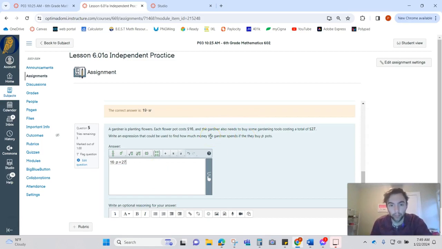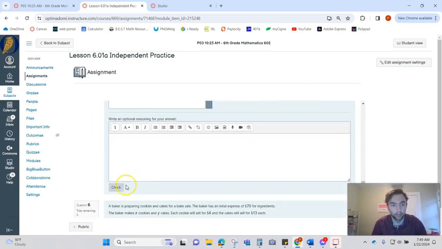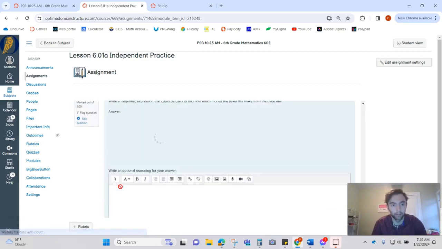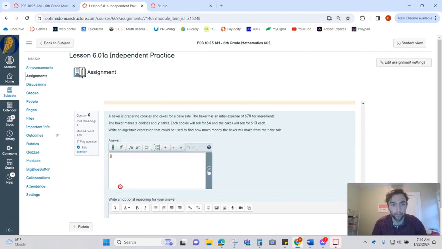If the question asked how much money does the gardener have left, then I think we'd be minusing the 27. But the question asks how much money does the gardener spend? So he spends this, and he spends this. How much together is spent? So we're adding up the cost, adding the 27. Oh, thank you, vocab words, for helping me.